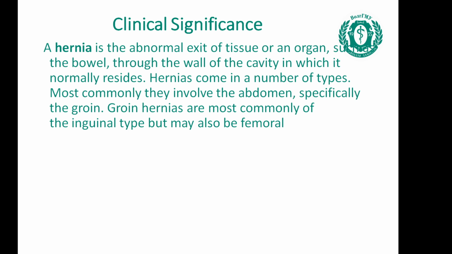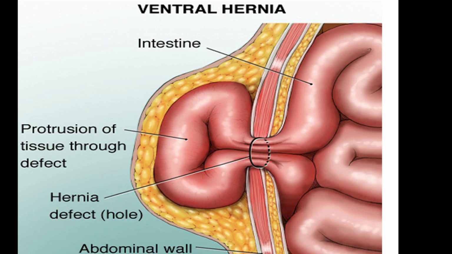Most commonly, they involve the abdomen, specifically the groin. Groin hernias are most commonly of the inguinal type, but may also be femoral. The picture demonstrates the hernia and its parts.